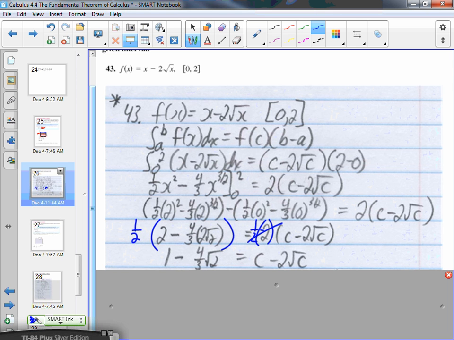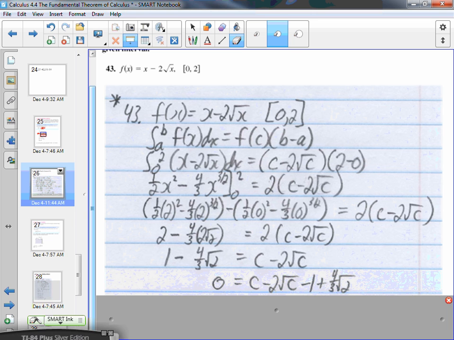All right. Now, if you don't do that step, is that okay? Yeah, it's fine. All I did was just reduce the numbers just a bit. All right. Now, we need to try to solve this thing for C. If we subtract 1 from both sides and add 4/3 radical 2 to both sides, we get that.